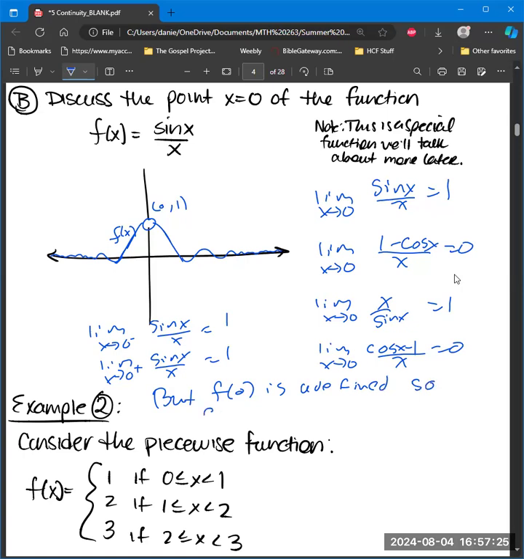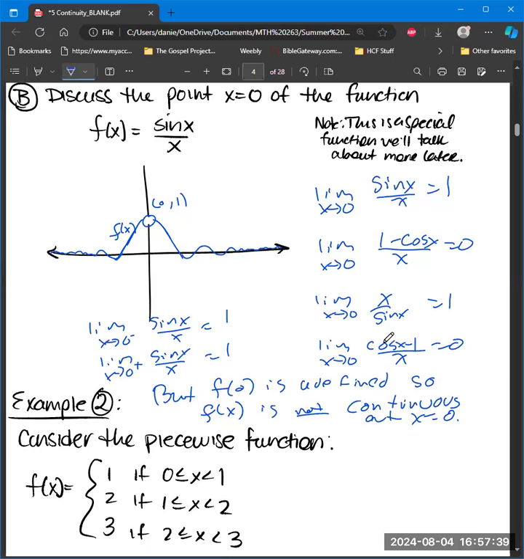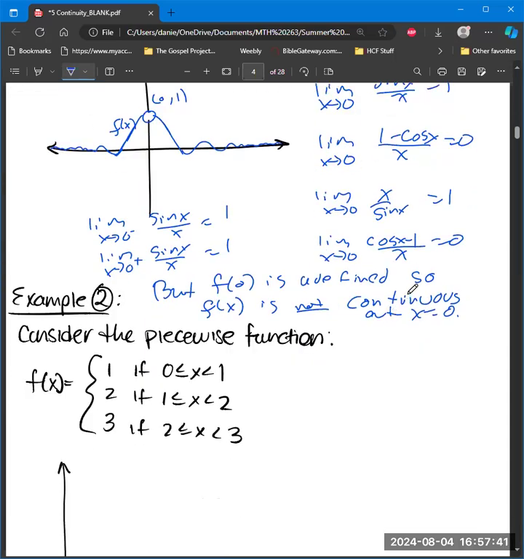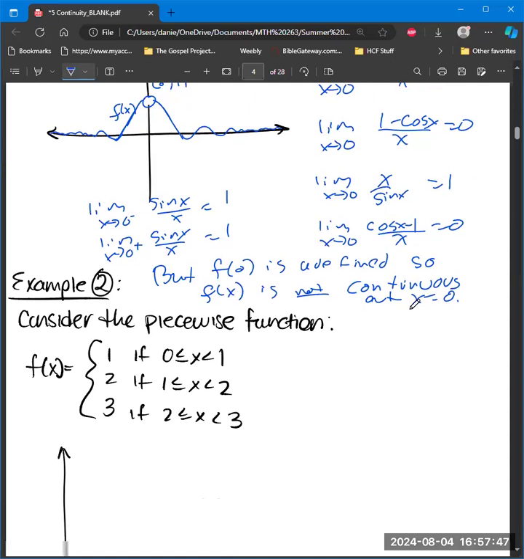So f of x is not continuous at x equals 0. I just want to make sure we talked about these special trig limits because we haven't talked about them in our discussion of limits so far, and they are important for you to memorize.